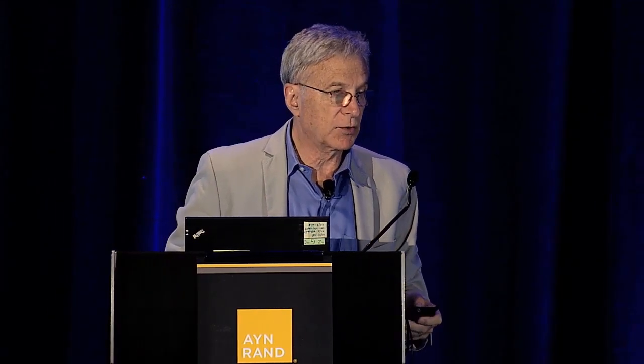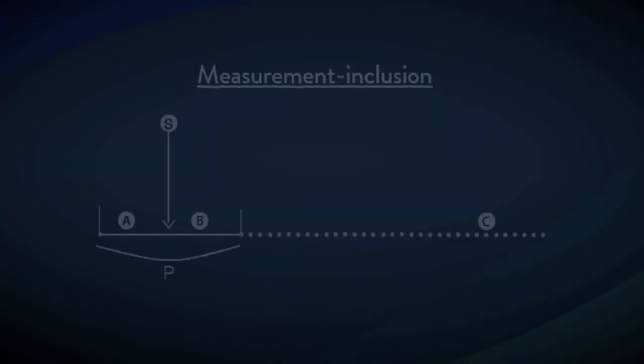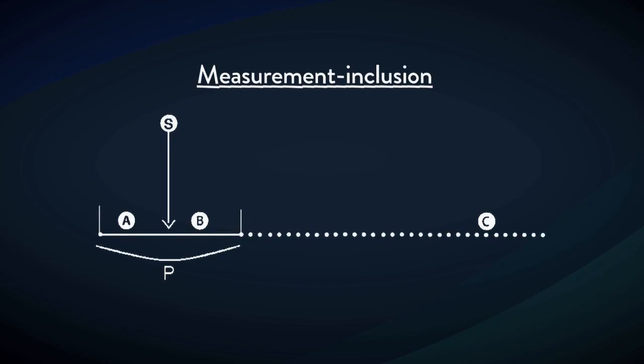So it is still a measurement inclusion operation, and that's what is so helpful with this. You're still seeing something falling under the P range, but it's not the whole S. It's an attribute of S, or an action of S, or an attribute of S in relation to Q. So you're not classifying or subsuming the whole. You're classifying or subsuming a part of the whole.